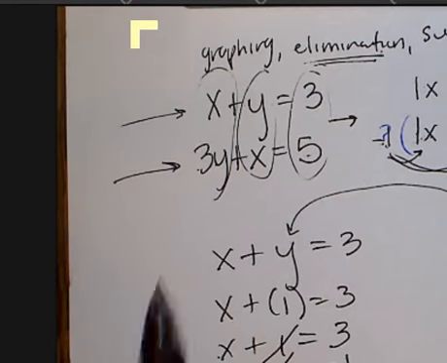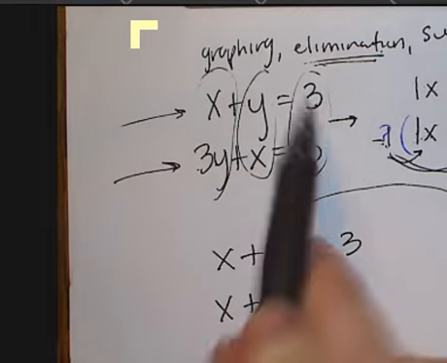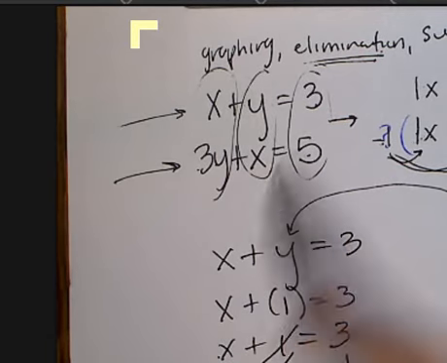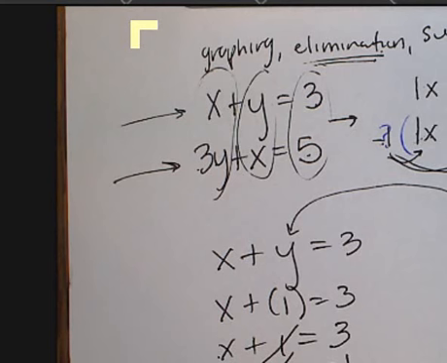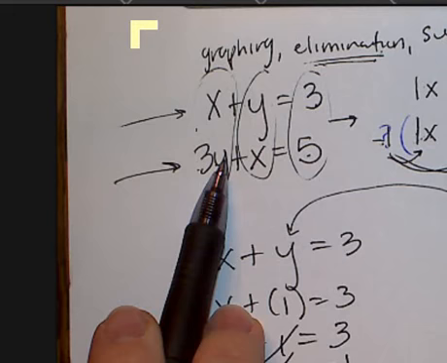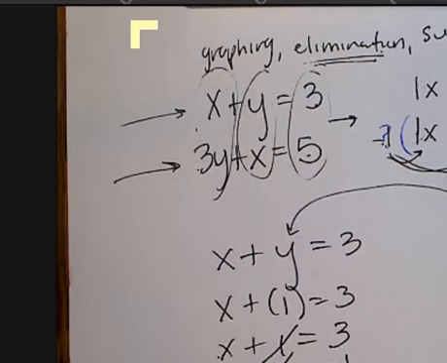That means if you graph this equation and if you graph this equation, they would cross at only one place, and it would be at the point (2, 1) on the Cartesian plane. So 2 plus 1 is 3, and 3 times 1 plus 2 is 5.